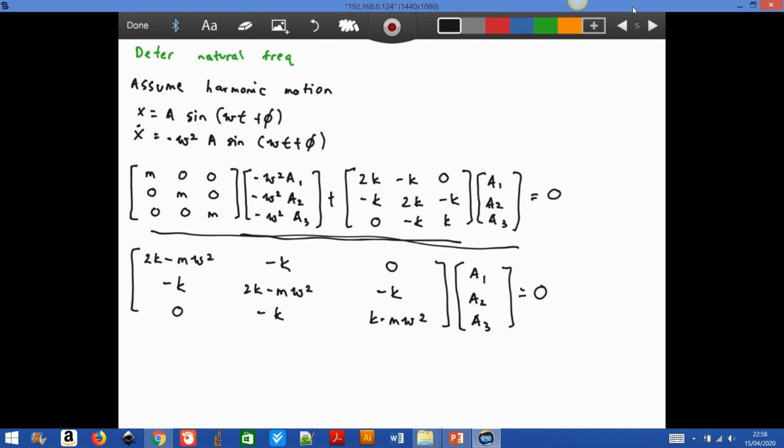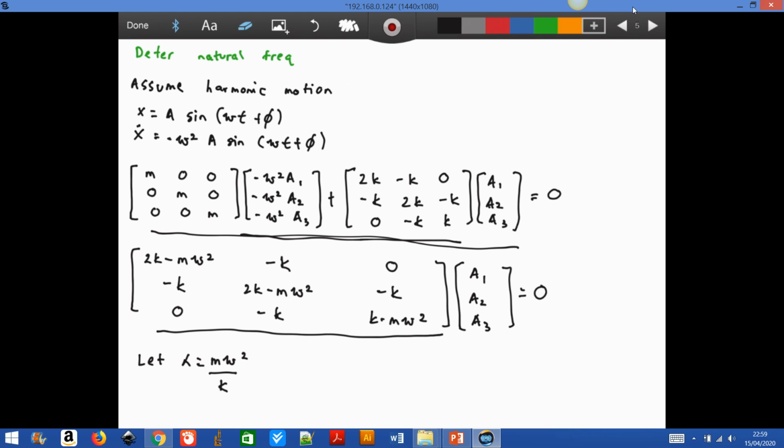So if you have values in here, it will be easier. But since you don't have values, we need to let lambda equal m omega squared over k. Why do we need to assume that?